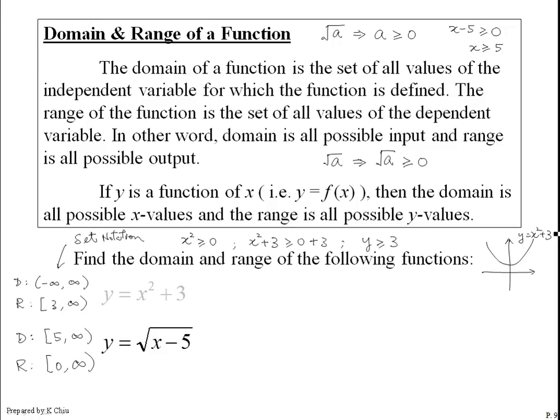Doesn't matter what x would be, you can always find a y value. But at the same time, the y cannot be something below the vertex. So the y must be greater than or equal to 3. So another way to look at that is when you're using your graphing shoe to graph it out, you can also tell the y must be greater than or equal to 3.